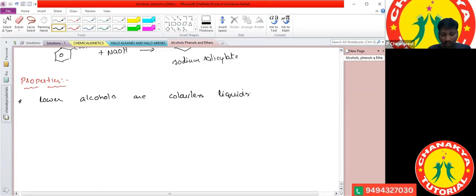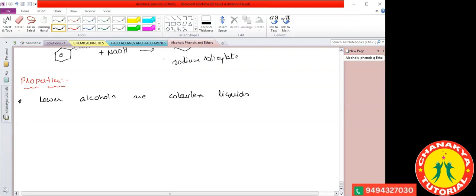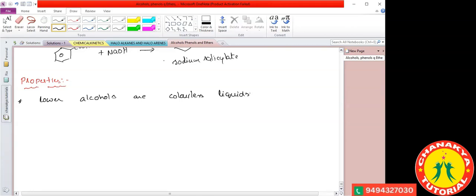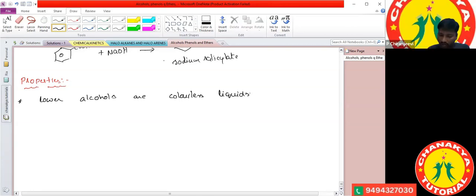Are alcohols soluble in water or insoluble in water? Any one of you? Soluble, sir. How are you saying that lower alcohols are soluble in water? It is due to their ability to form hydrogen bonds with water molecules.